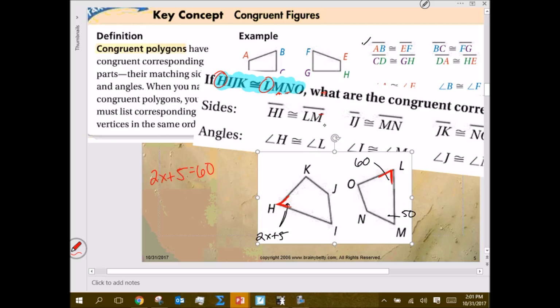If I didn't do that, some people would say 2x plus 5 equals 50. That 50 is just there to throw you off. All right? We have to make this the conclusion of congruence by looking at this statement here. That's called a congruency statement that allows us to relate the correct parts to one another. Okay?